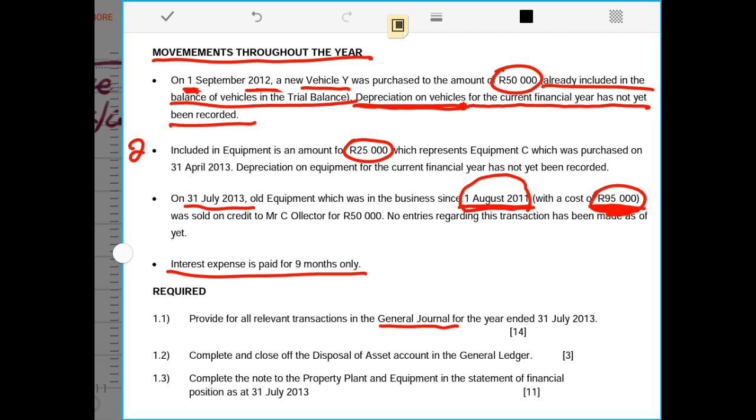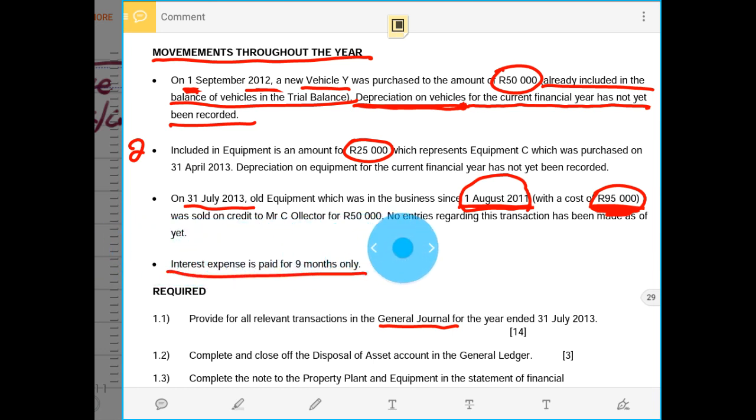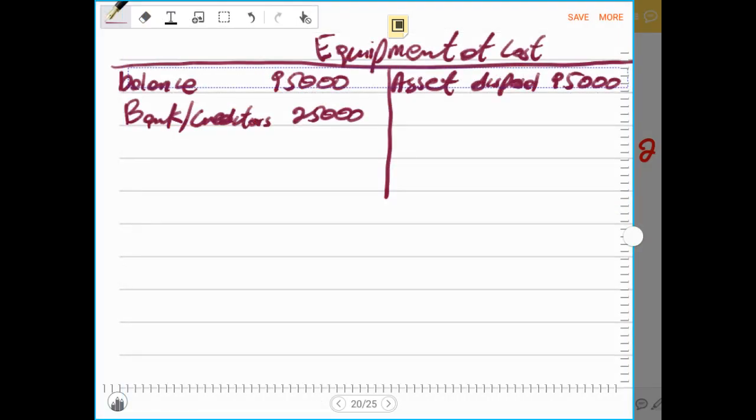So now we have to remove that equipment at cost price. That is why we record 95,000 rands. Now we know that there was no other disposal of equipment, so we can just balance this ledger account.